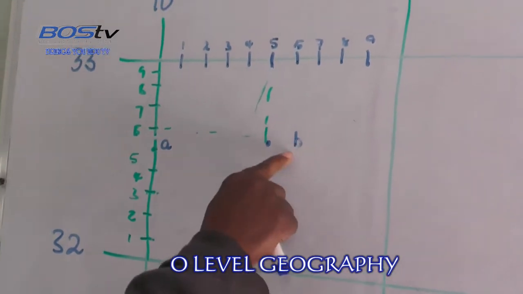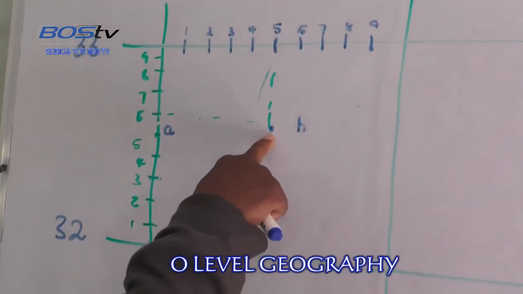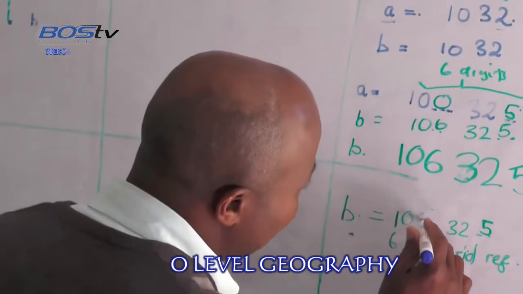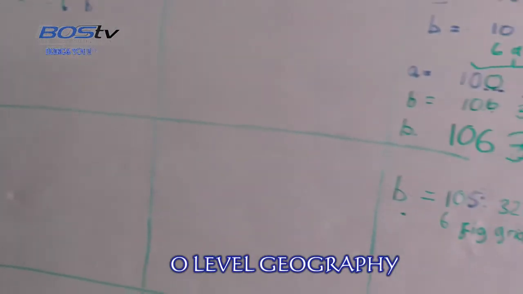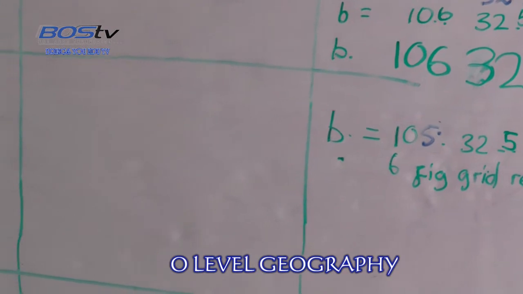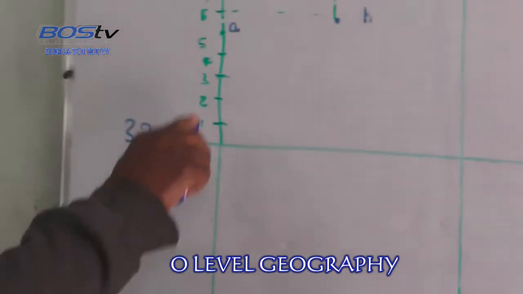Okay, I think she took the other point that I removed. So this one is 5. Then you know you are done with eastings. You move on to the northings.